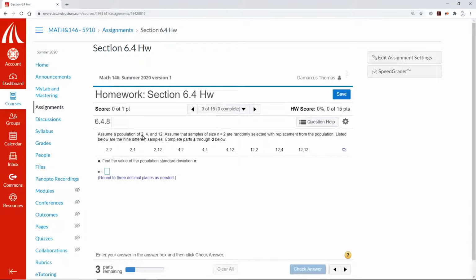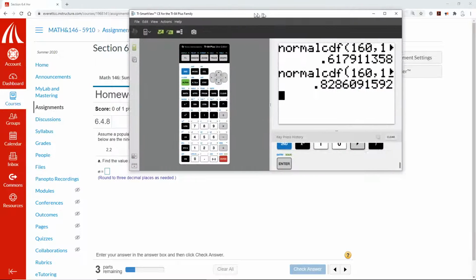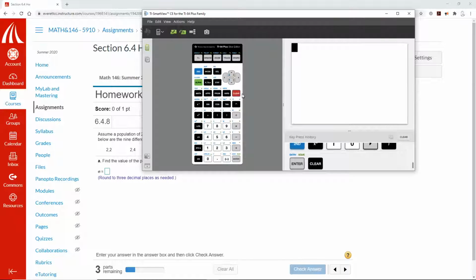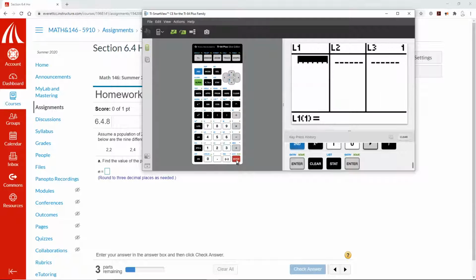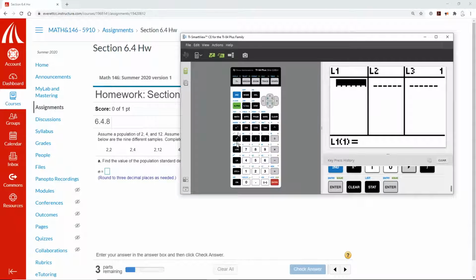The population only has 3 values in it: 2, 4, and 12. So let's pull up that calculator. And in order to get the population deviation, you do have to enter the data in a list. So the population is 2, 4, and 12.